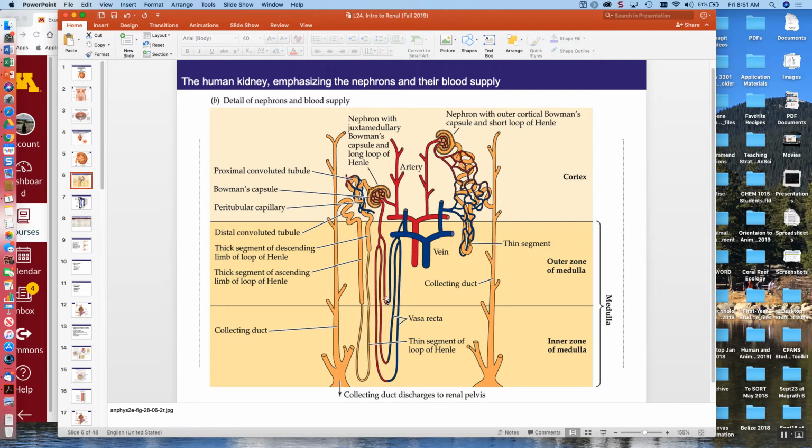It's important to note that you do need blood to actually perfuse the epithelial cells of the nephron. These epithelial cells have high active transport properties, and you need to have oxygen and nutrients just like any other cell type. And it's the vasa recta that are supplying the oxygen and nutrients to that portion.